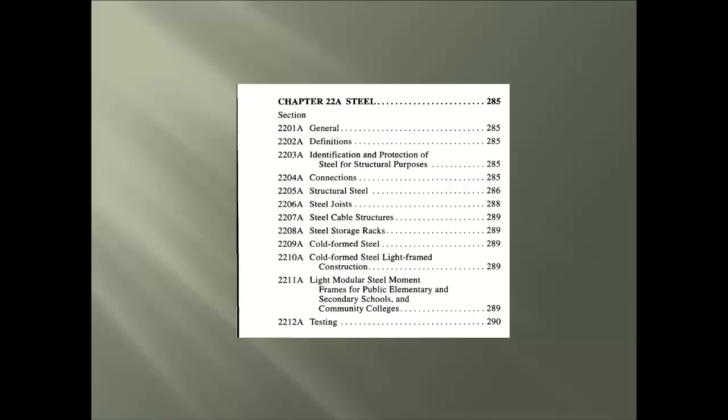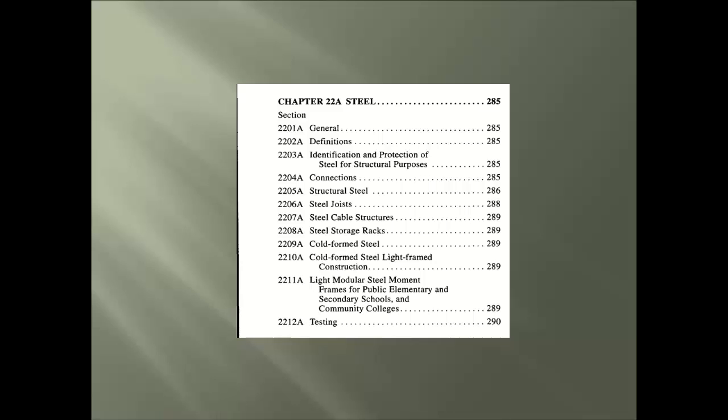We now move to Chapter 22, Steel. Here, as we saw in Chapter 17, there are 2 different types of chapters for steel. If you are working with DSA or OSHPD, you will need to follow this table of contents, and the A distinguishes the difference.